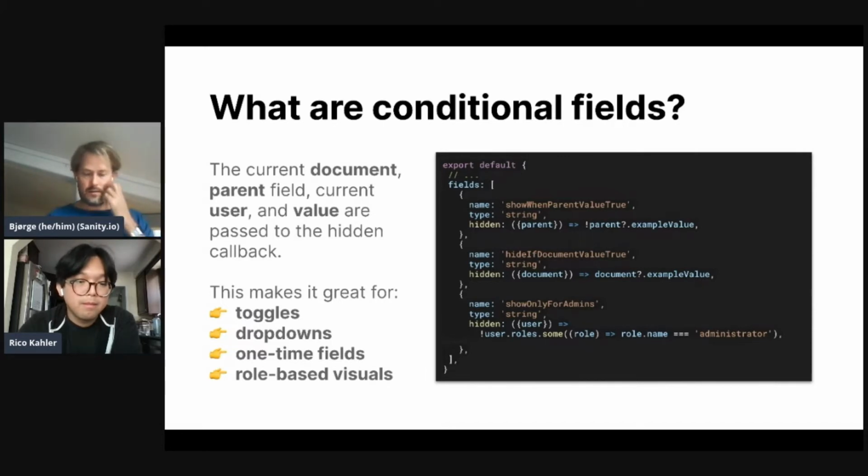You can create toggles, you can make dropdowns, you can have fields that only appear initially, for example. But maybe even cooler, you can show or hide fields based on the role of the current user.